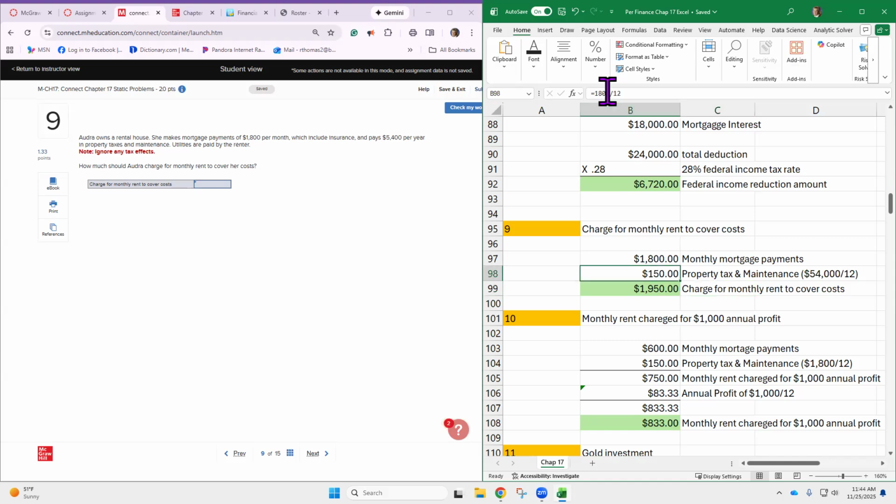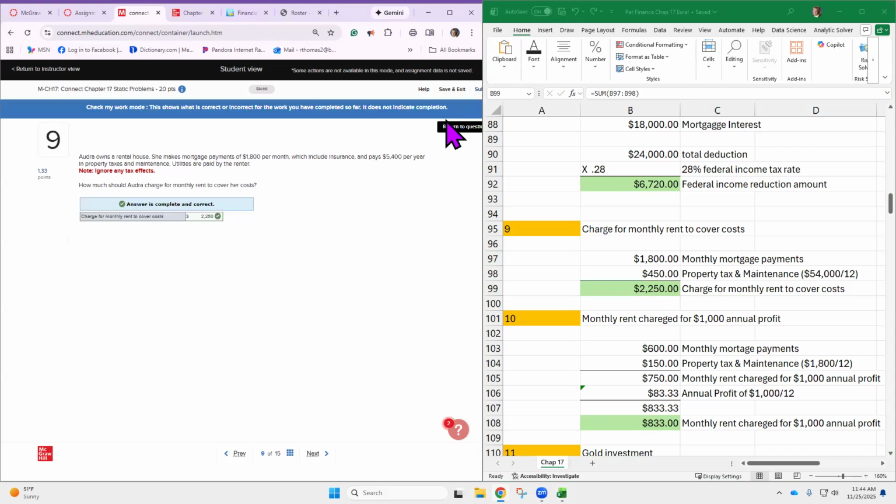So $5,400 divided by 12 is $450. And if you add that to the monthly mortgage payment, you get the monthly rent to cover costs. So if she's going to rent this place out, she would need to charge to break even $2,250 a month.